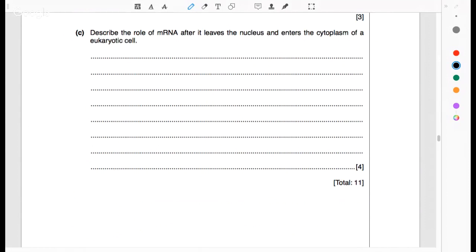Two mRNA codons are exposed to the tRNA at a time.